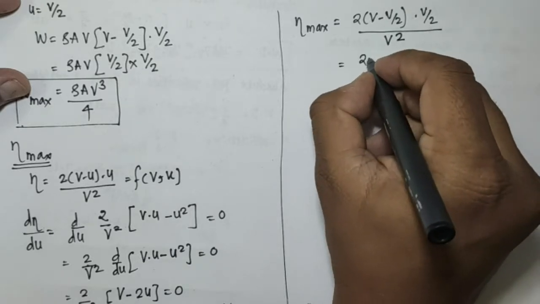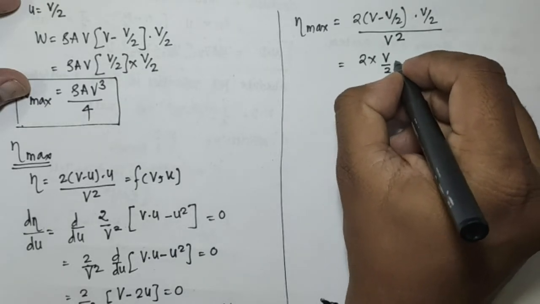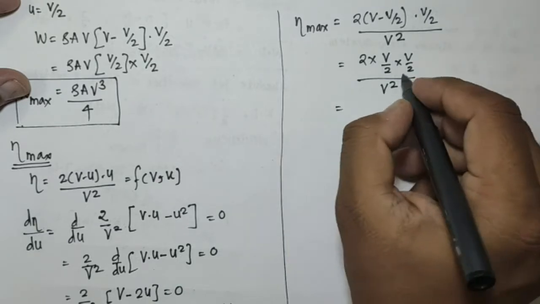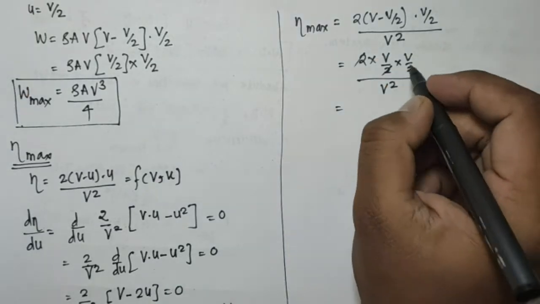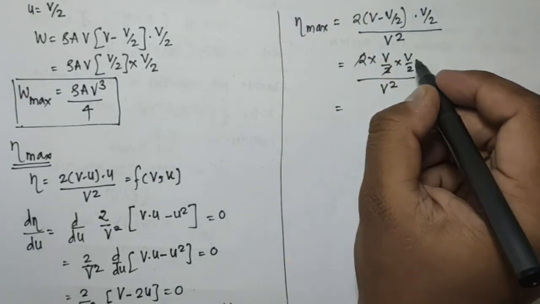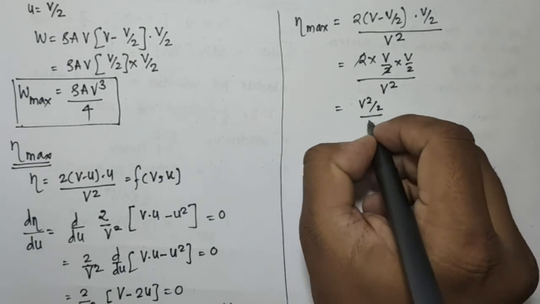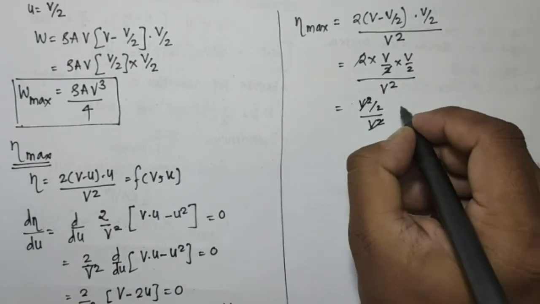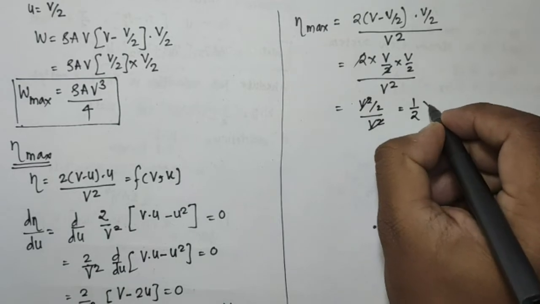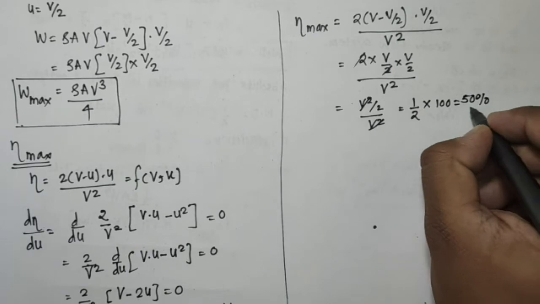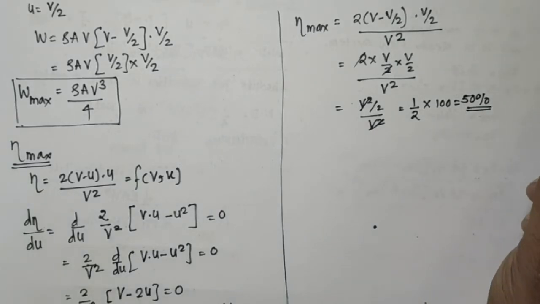The 2 gets cancelled out, and here we get V into V square by 2 upon V square. The V square gets cancelled out, and you have 1/2 into 100, which is 50% as the maximum efficiency of the plate.